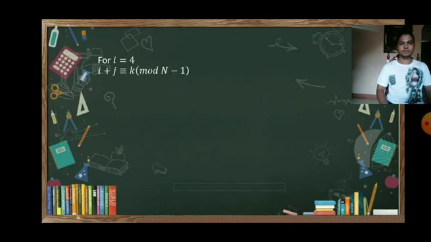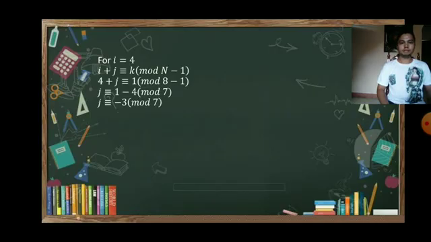For i equals 4, i plus j is congruent to k mod n minus 1. Then we have 4 plus j is congruent to 1 mod 8 minus 1. Next, j is congruent to 1 minus 4 mod 7. Next, j is congruent to negative 3 mod 7.